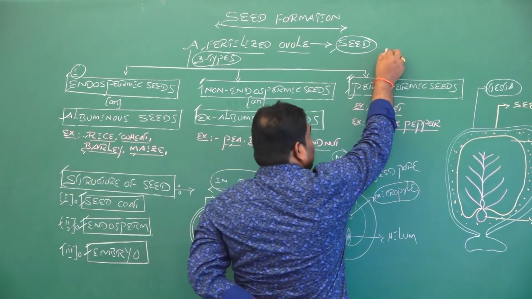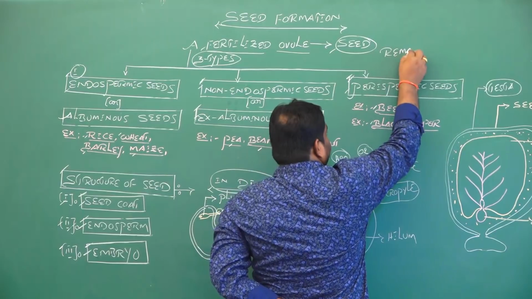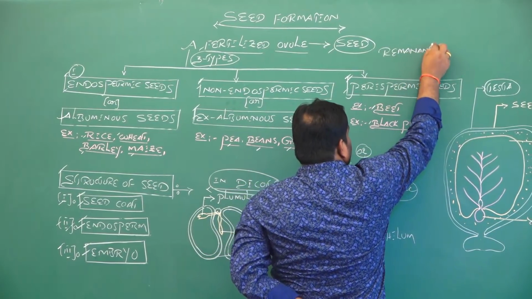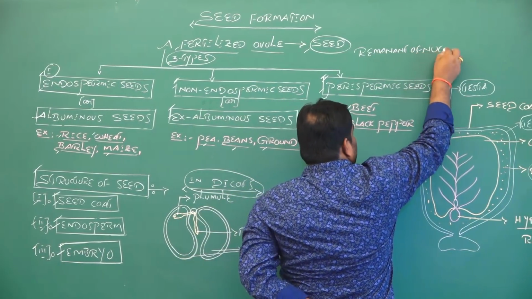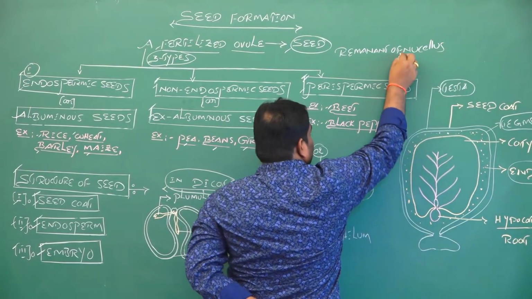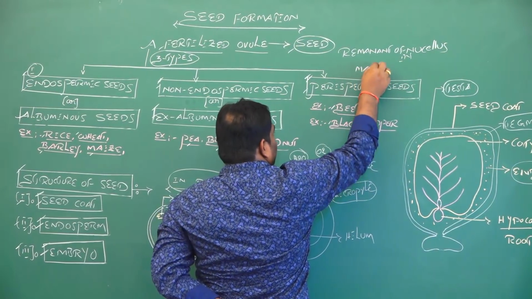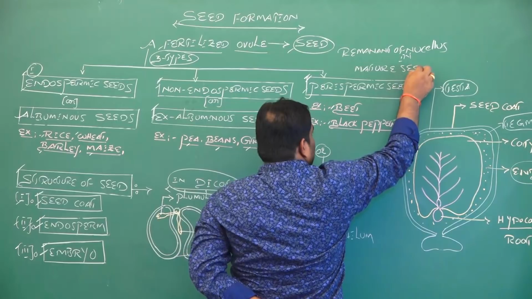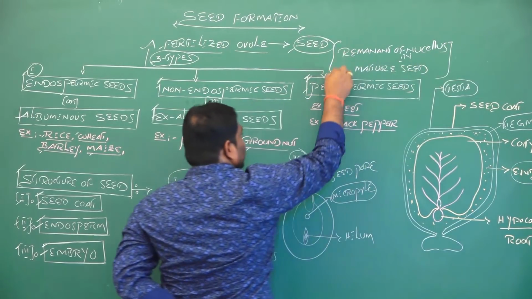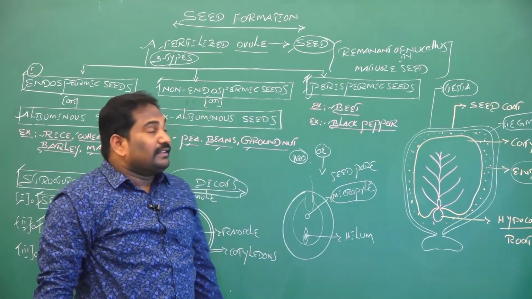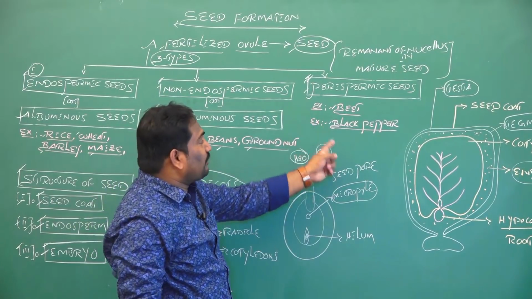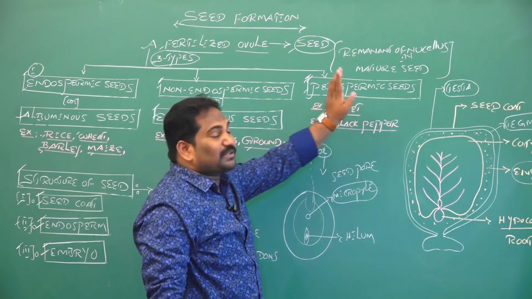The simplest definition: the remnant of nucellus in mature seeds is called perispermic seeds. The remaining nucellus present in the mature seed is called perisperm.